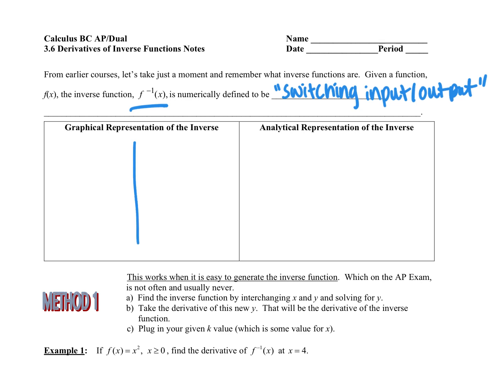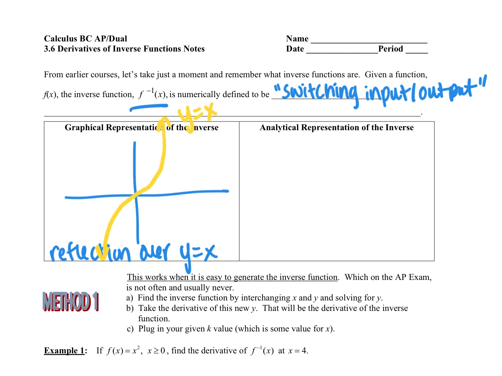Graphically, this is a reflection over the line y equals x. So, for example, if we graph y equals x cubed, and we want to find the inverse graphically, we would want to find the reflection in the line y equals x.